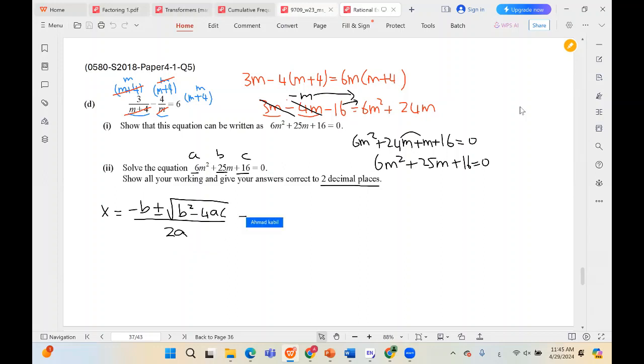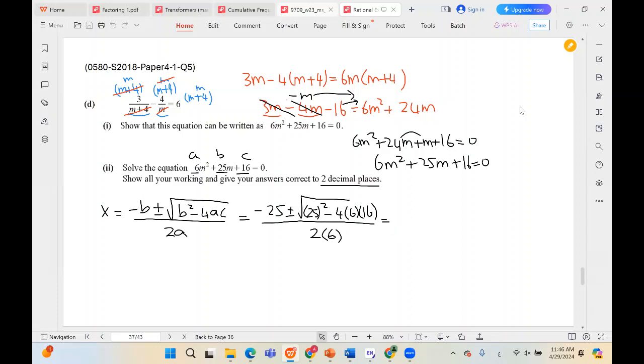And now we just plug in the numbers that we said we have. So b is 25, so negative 25 plus or minus root of 25 squared minus 4 times 6 times 16. And all of this is over 2 times a, which is 6.